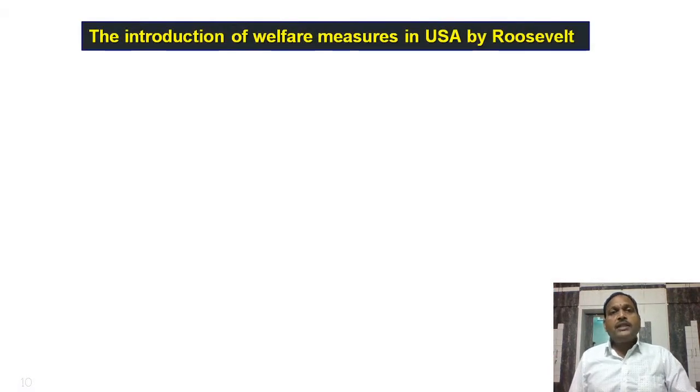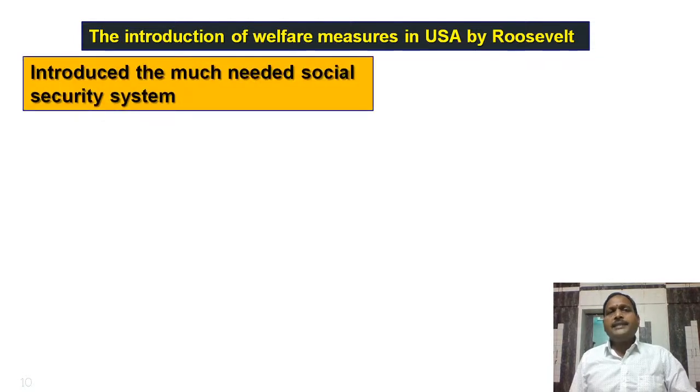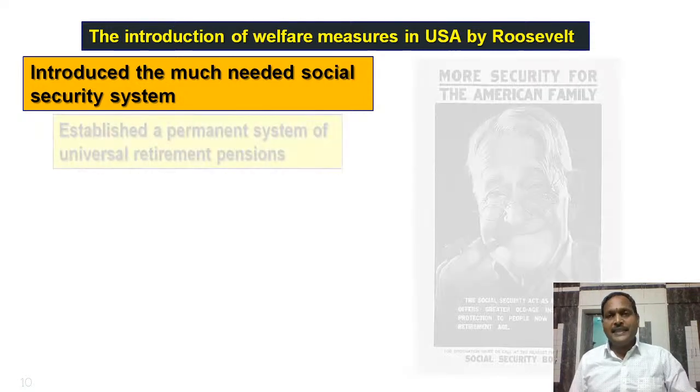Next one is, what were the welfare measures in the USA by Roosevelt? Roosevelt took many welfare measures for the citizens in the USA. What are they? We will see. First one, he introduced a social security system for its citizens. He gave social security for all the citizens.